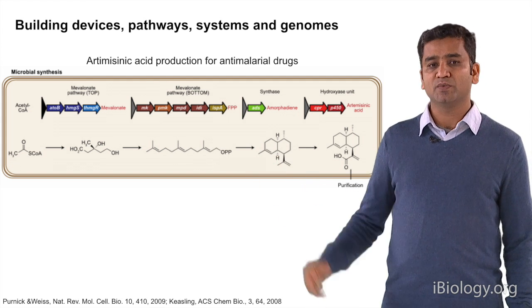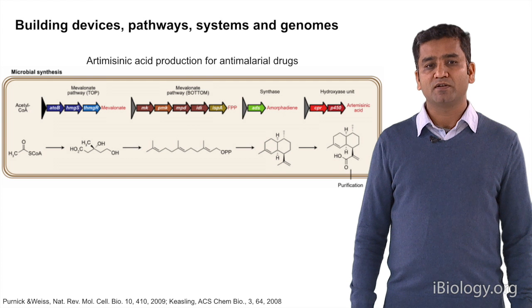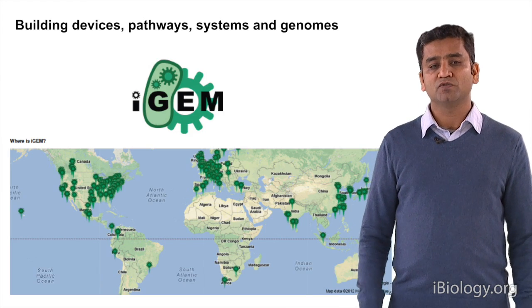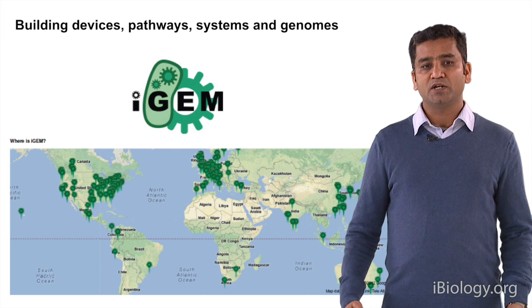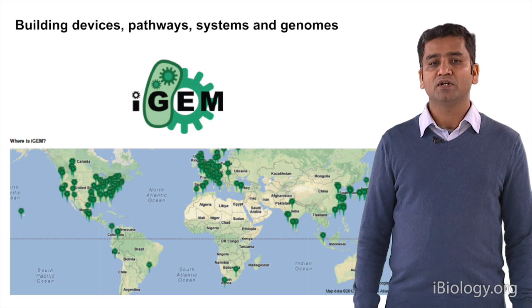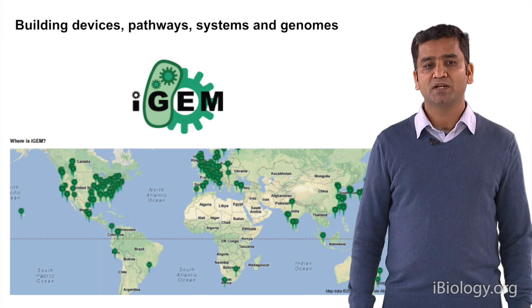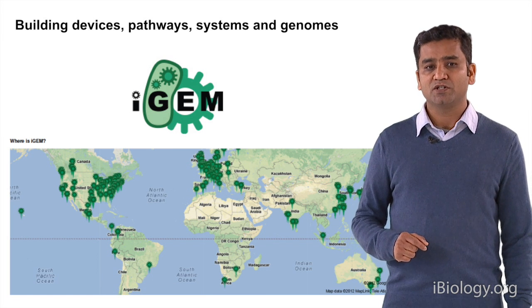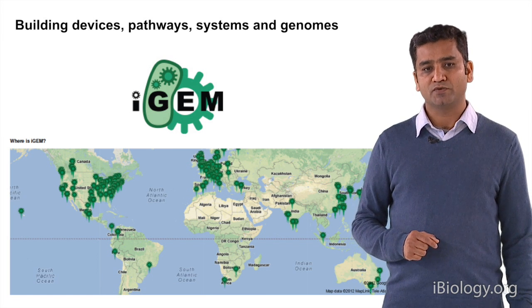In this case, it is artemisinin production, which is an anti-malarial drug. Or, as you know, there is the iGEM competition, a worldwide phenomenon where undergraduates from a variety of countries come up with innovative ideas and, using synthetic biology, solve different problems.